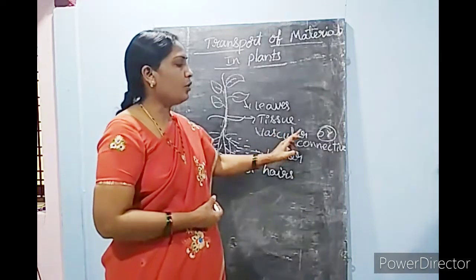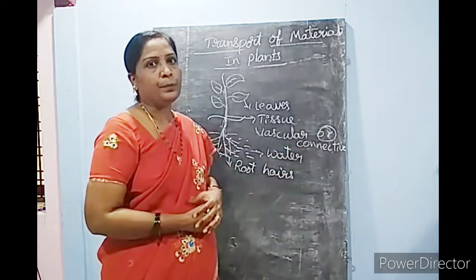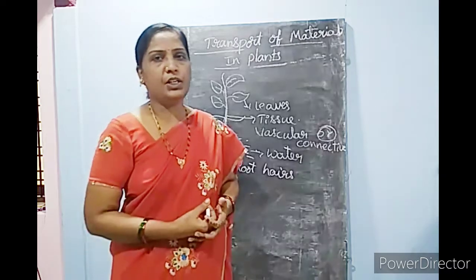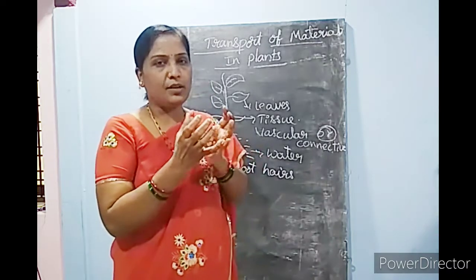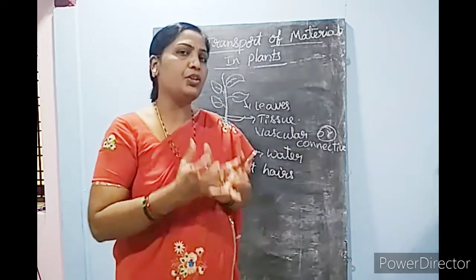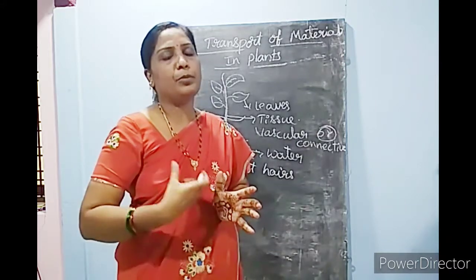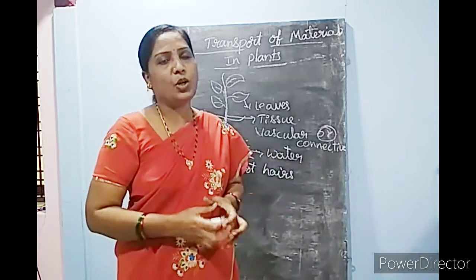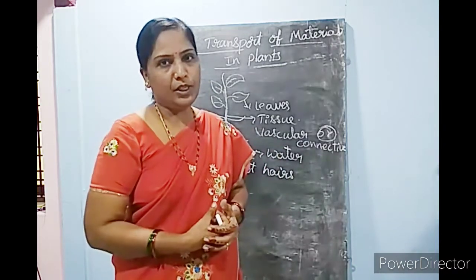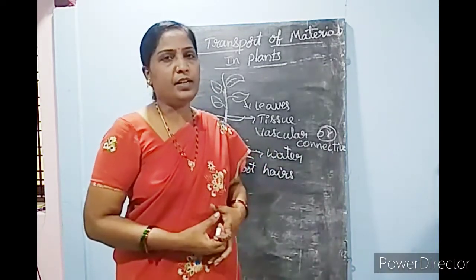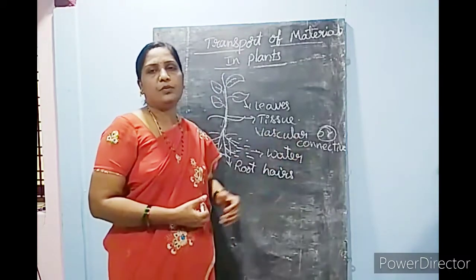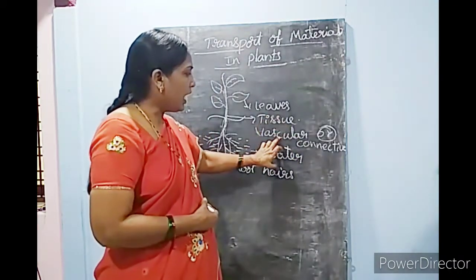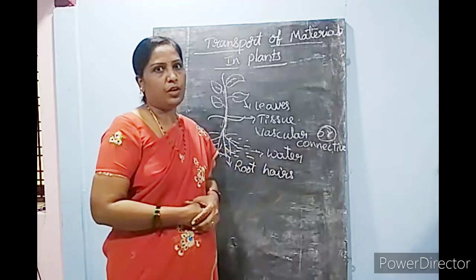That's why it is also called connective tissue. And you know the meaning of a tissue. The cells which have the same structure and perform the same type of function join together and form a tissue. In such a way, the vascular or connective tissue is formed.